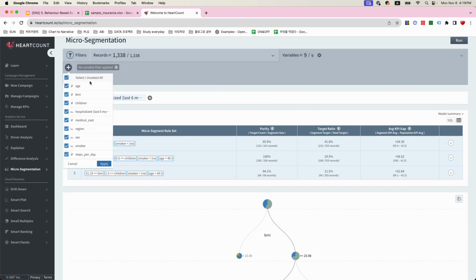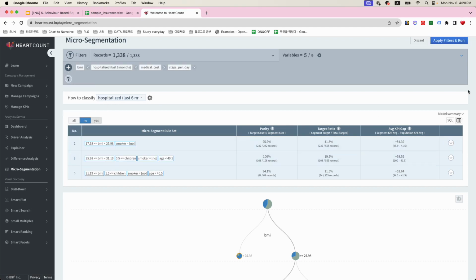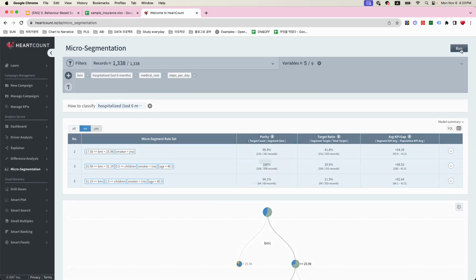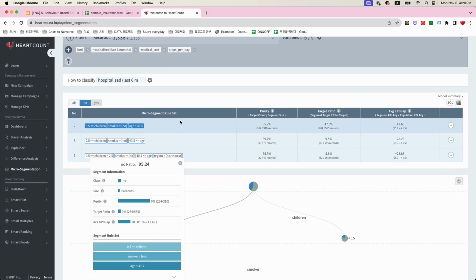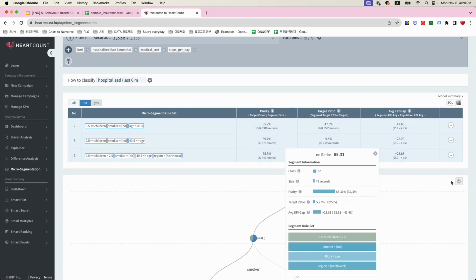For instance, we might not know certain variables like BMI, recent history of hospitalization, medical cost, and steps per day. But if we do know about age, children, region, gender, and smoker, we can still develop a targeting condition based on these available variables. Like this.